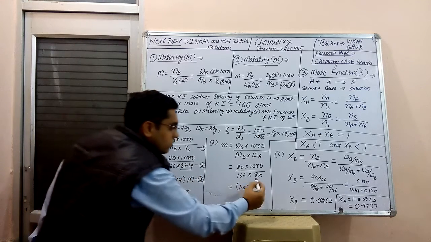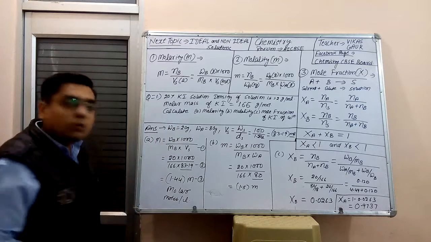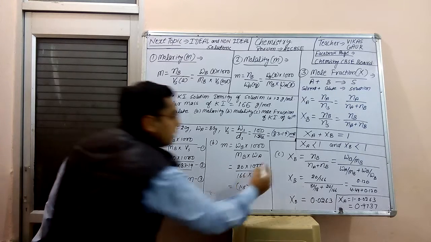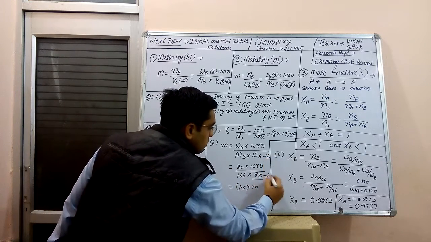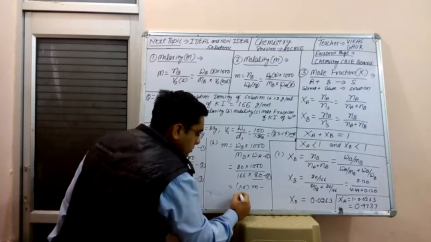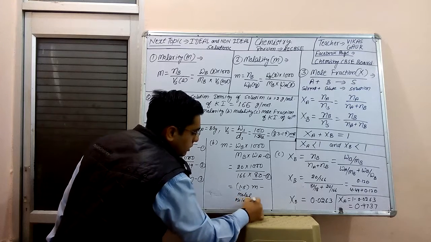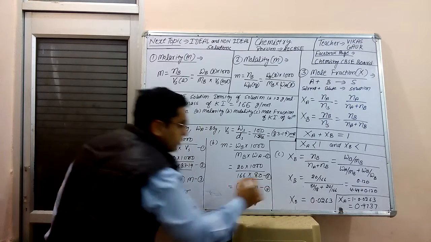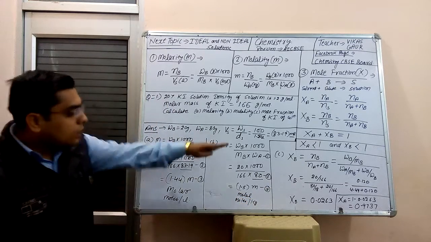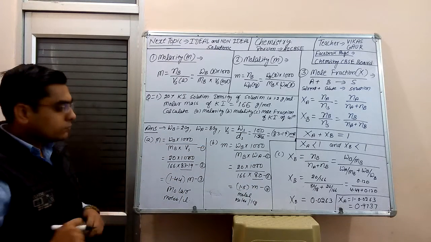At the place of volume we will use the mass of solvent, which is 80 gram according to the question. Again 1 mark for this, 2 marks for this, and if you solve, 1.5 m, meaning molal or moles per kilogram, then 3 marks, or total half, half, and this may be a 3 marks numerical.